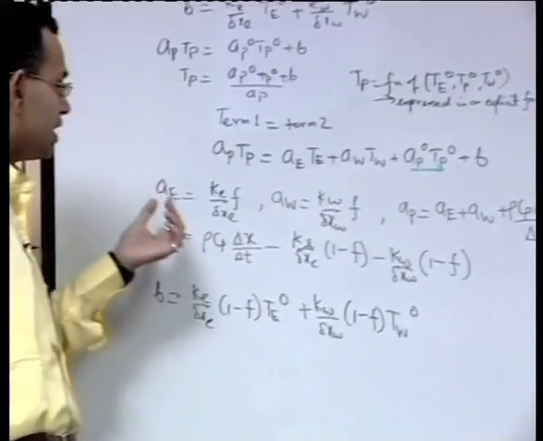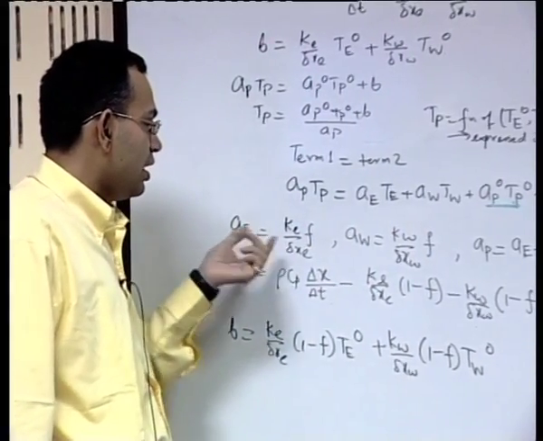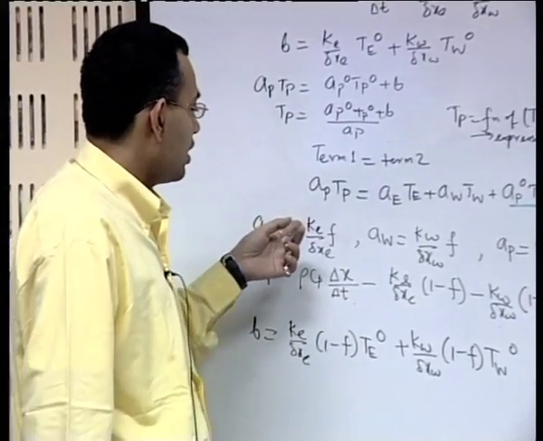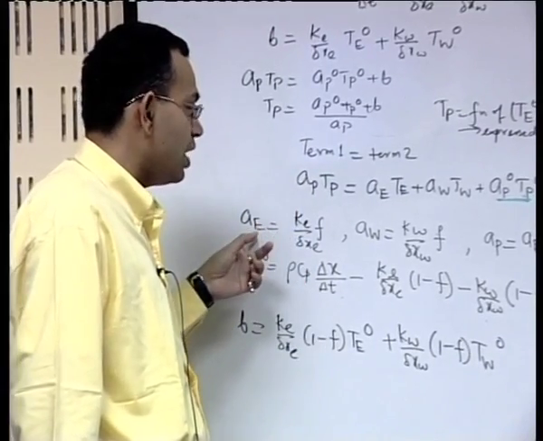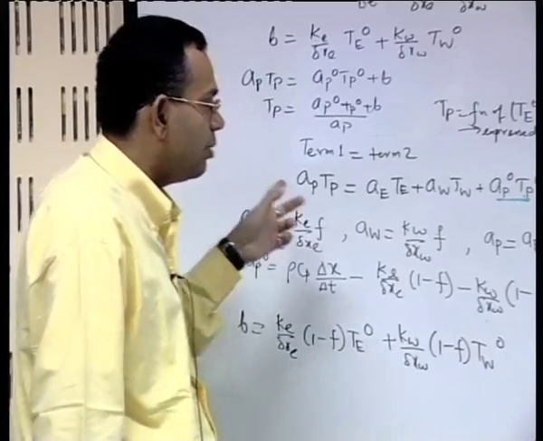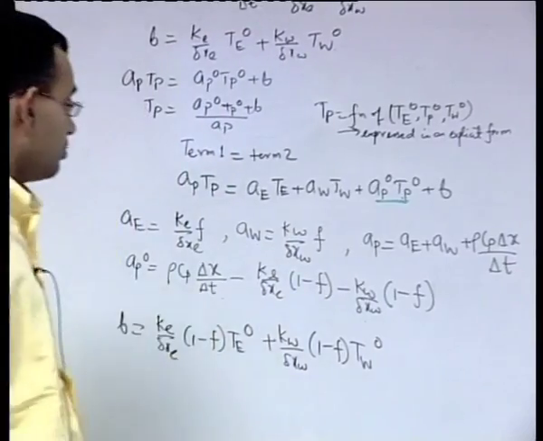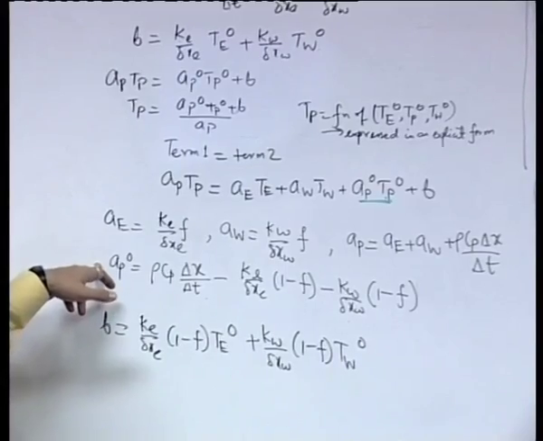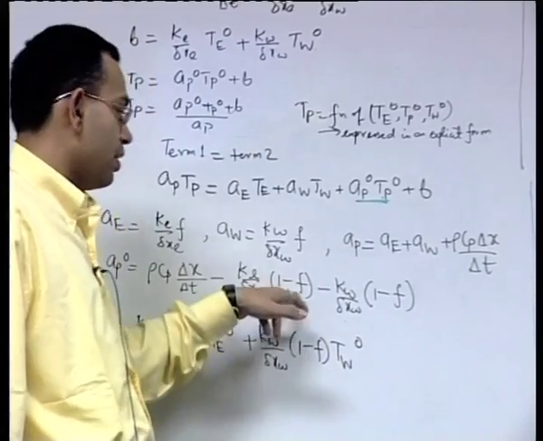First, look at the coefficients AE, AW, AP. You can see that f is a positive fraction, Ke is the thermal conductivity which is positive, delta Xe is positive, so AE is positive. Similarly, AW is positive, AP is positive, but you cannot tell anything about AP naught until you specify the value of the parameter f.